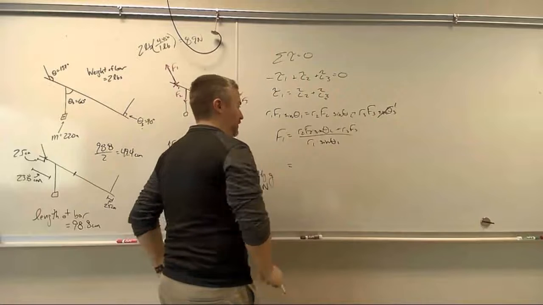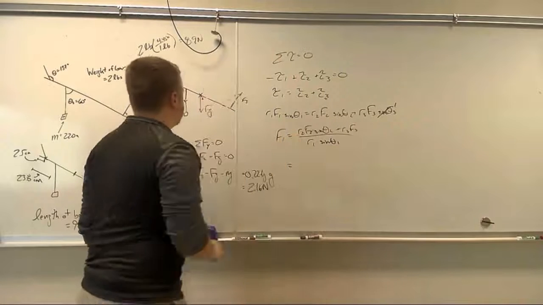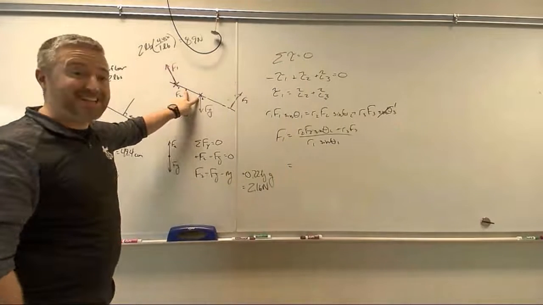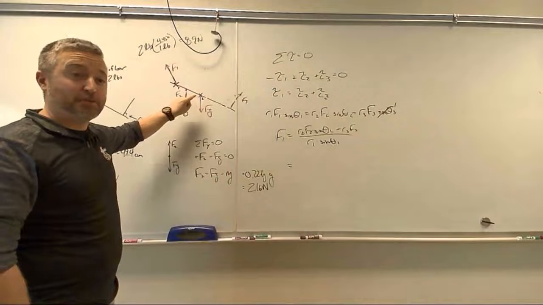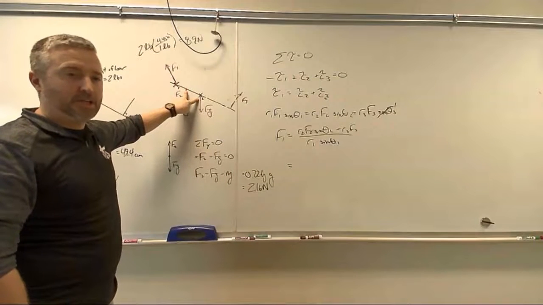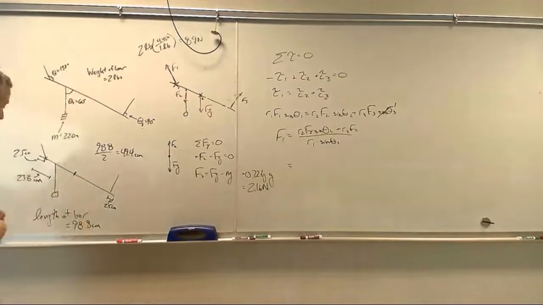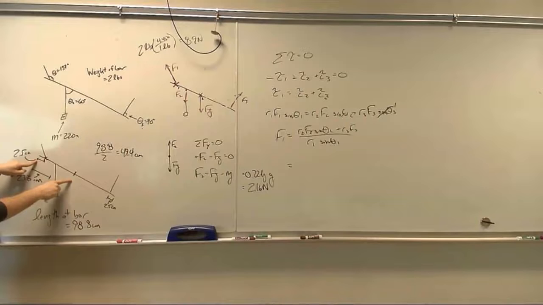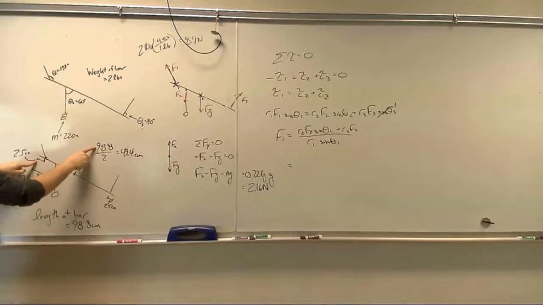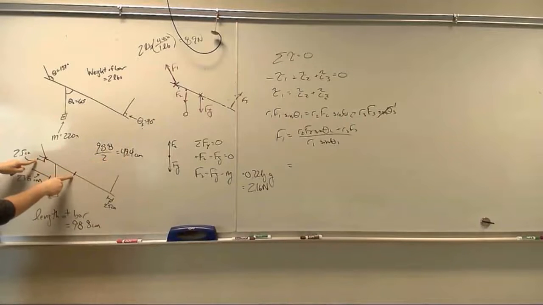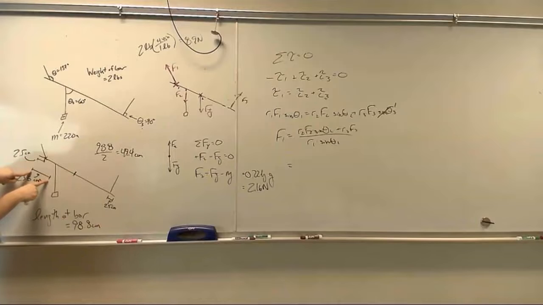So let's go ahead and plug in our numbers. R2 does not stay the same in this problem because I moved the fulcrum. It's right here, which might seem a little complicated until you realize I can get to the middle really easily. The middle is simply going to be 98 divided by 2, 49.4, and then subtract this, because I know from the side to there.